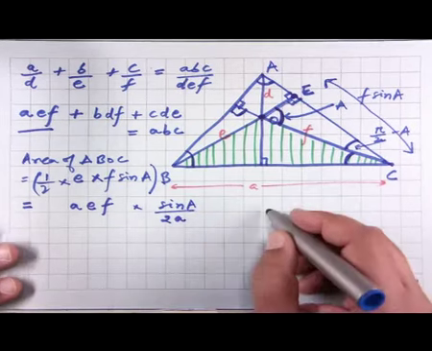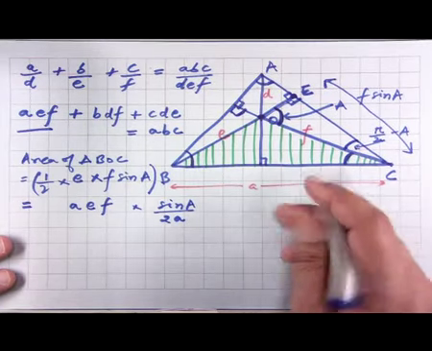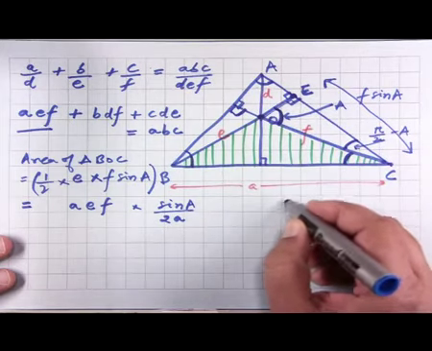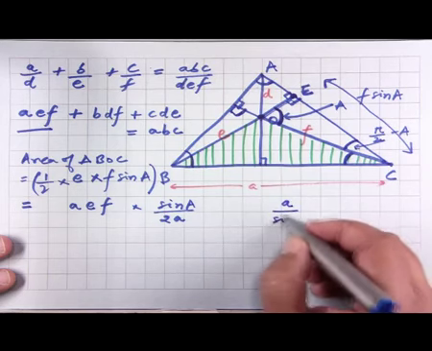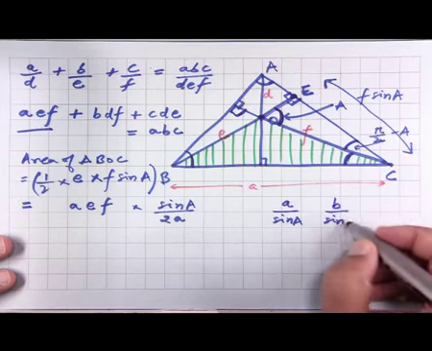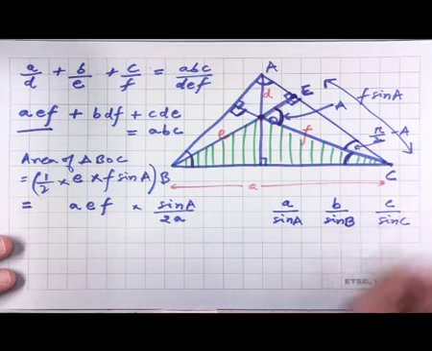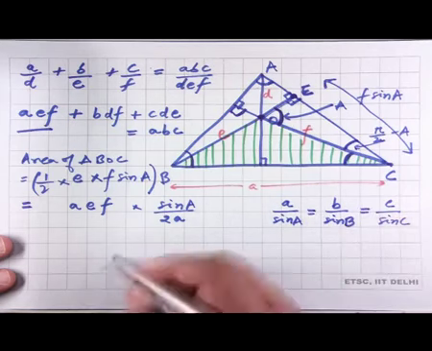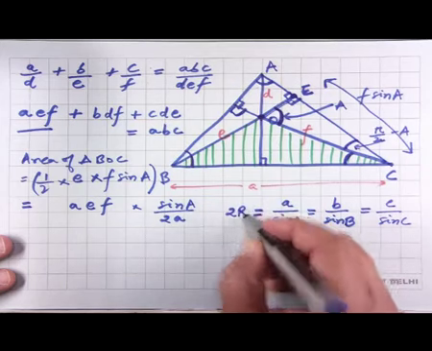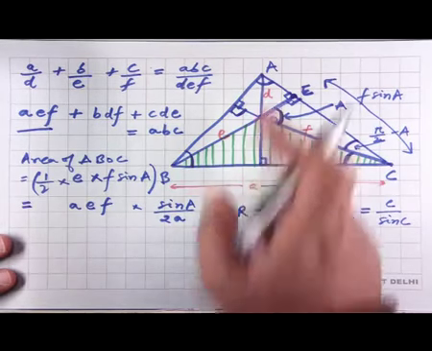Now, from the discussions in the previous lecture, we already know that in any triangle ABC, the ratios A over sine A, B over sine B, and C over sine C are equal, and they are in fact equal to twice the radius of the circumcircle of this triangle ABC.